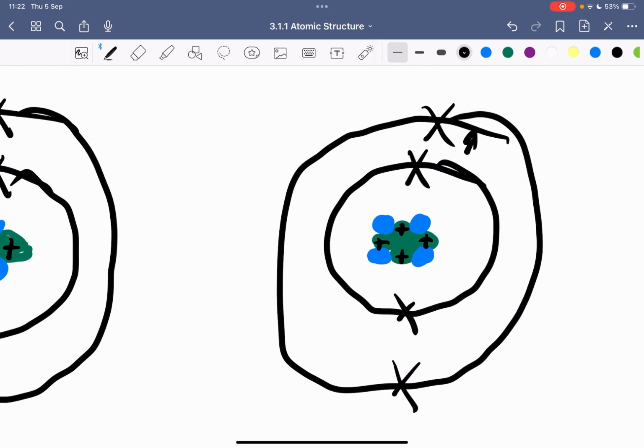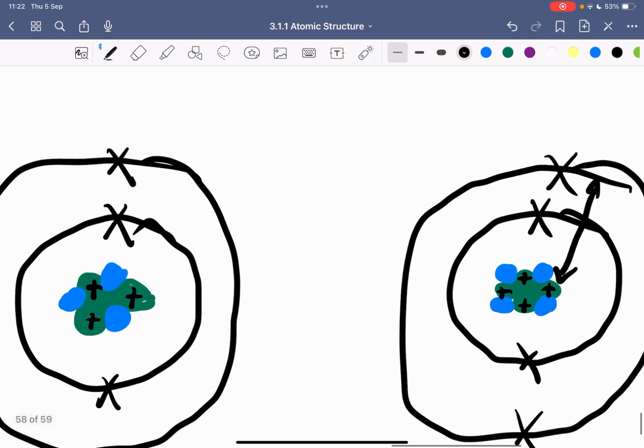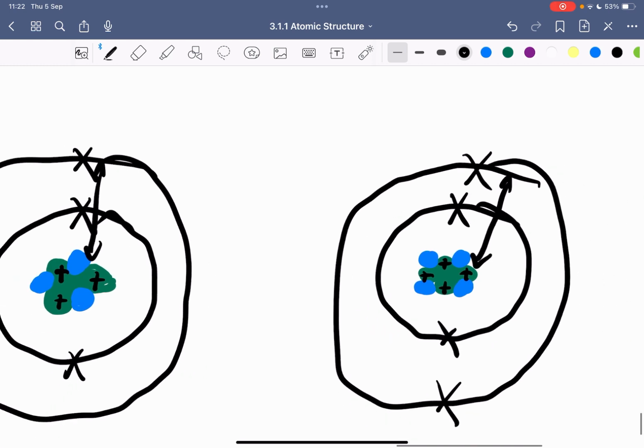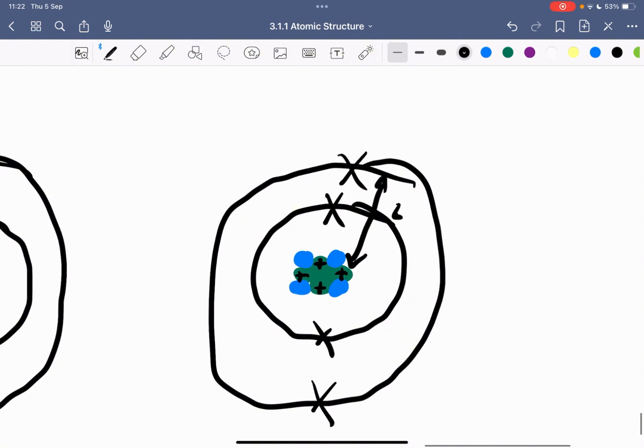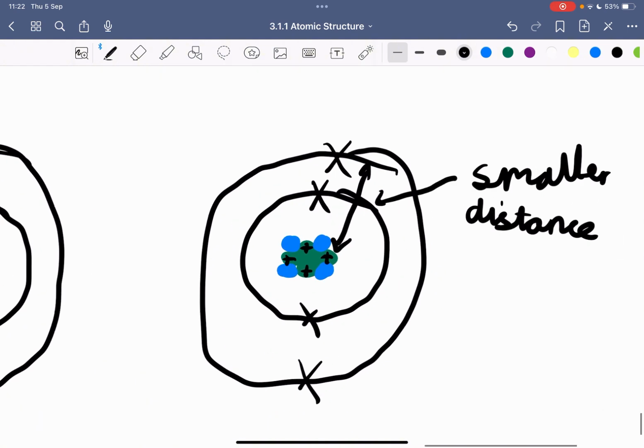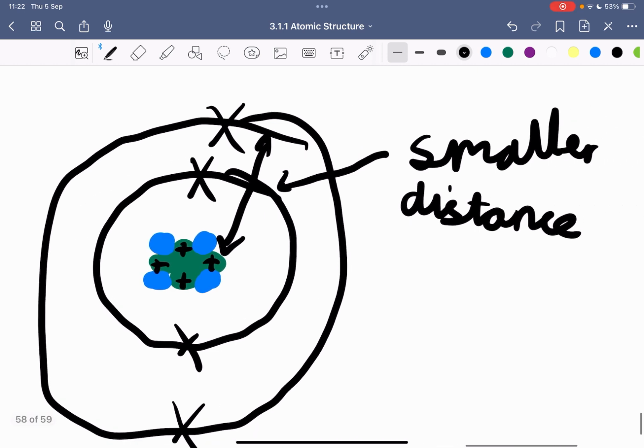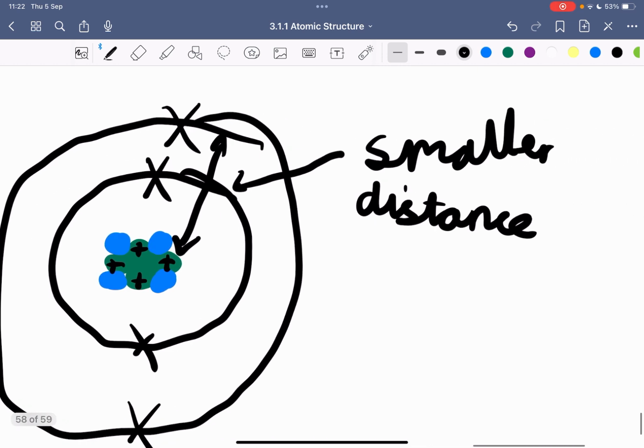So the more protons you have, the smaller this distance is, because these electrons are being pulled in closer. So this is a smaller distance, and also this attraction is going to be stronger, because there's a more positive nuclear charge.